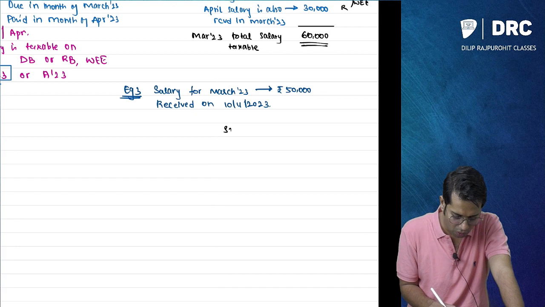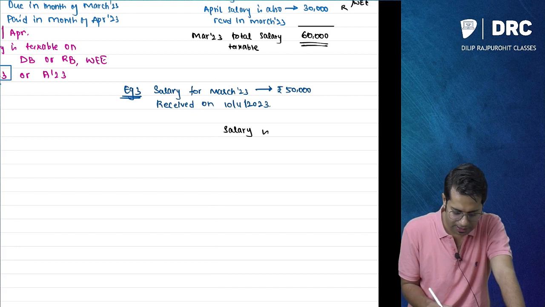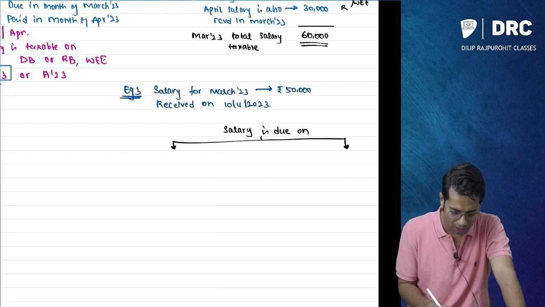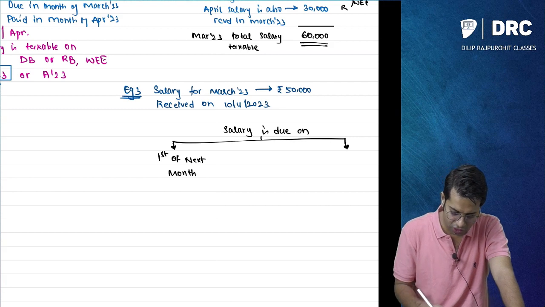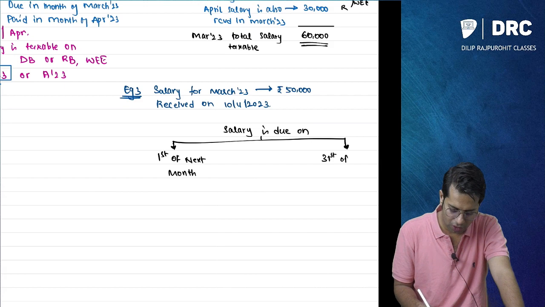Now the salary is due on 1st of next month, or the salary is due on 31st of the same month.